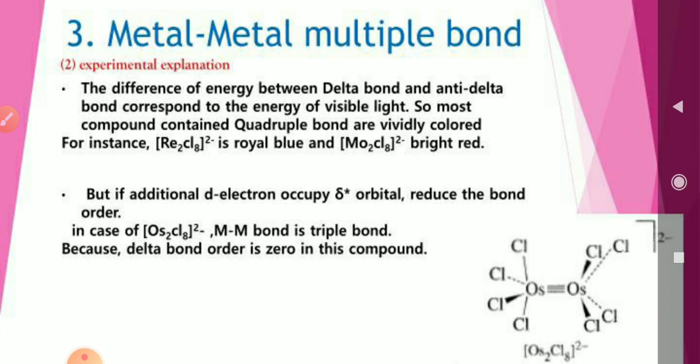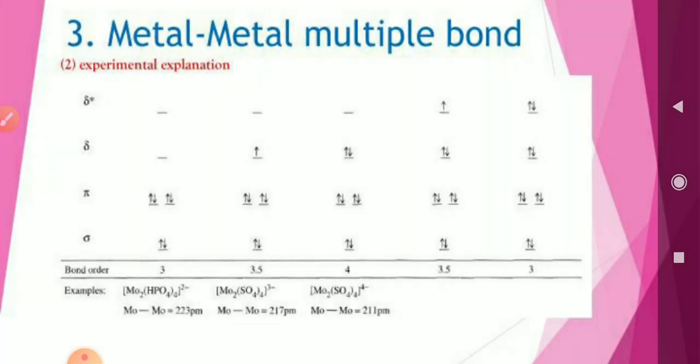But if an additional d electron occupies the delta orbital, it reduces the bond order. In the case of Os2Cl8 2-, the metal-metal bond is a triple bond because the delta bond order is 0 in this compound. And this is the structure of the Os2Cl8 2- complex.